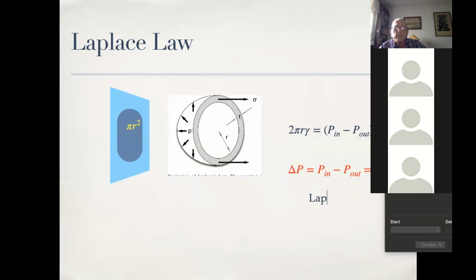So that is my relation between the change of pressure outside and inside of the liquid drop and its surface tension, and that is called the Laplace law.